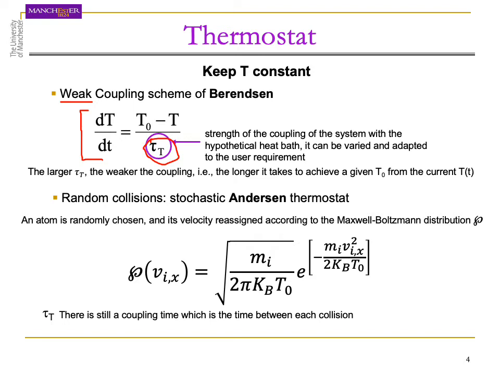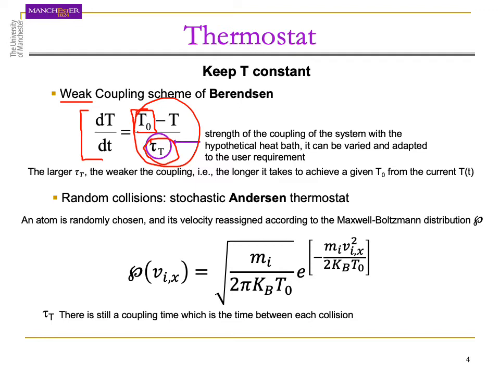As you can see here, if the value of tau subscript t is large, then this whole quantity is small. That means that the derivative of the temperature with respect to time is going to be smaller. That means that we need more time to reach the prescribed temperature, which I indicated here as T subscript 0.